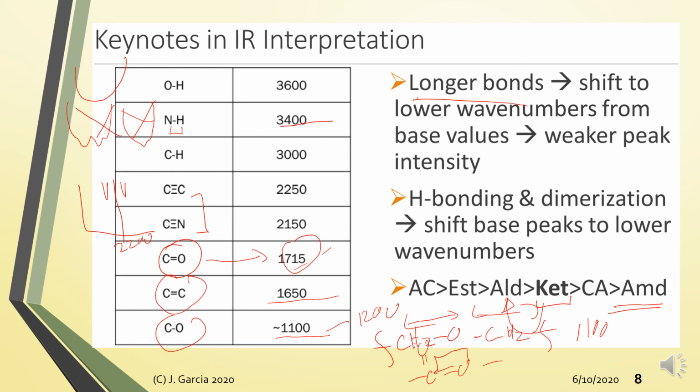Alright, what else? Hydrogen bonding and dimerization shifts the base peaks to a lower wave number. So one example of that would be your carboxylic acid, no? If you have an alcohol, no, the OH corresponding to an alcohol can be found at a higher wave number, around 3600.